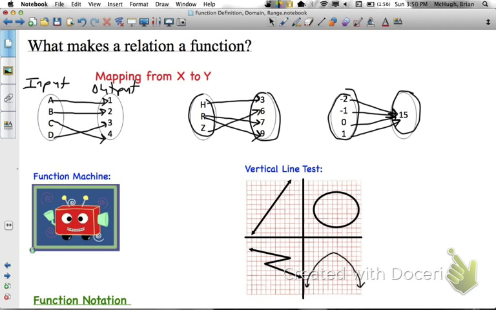A function is a special kind of relation.